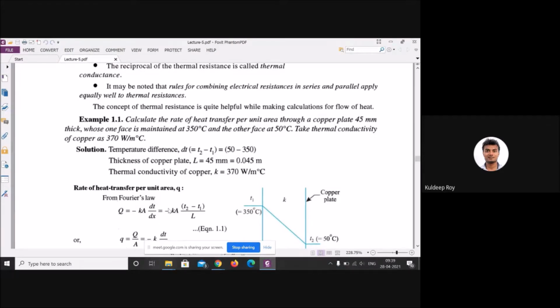Now just solve this problem and tell how much will be the heat transfer per unit area.